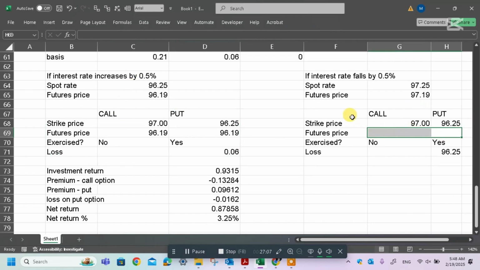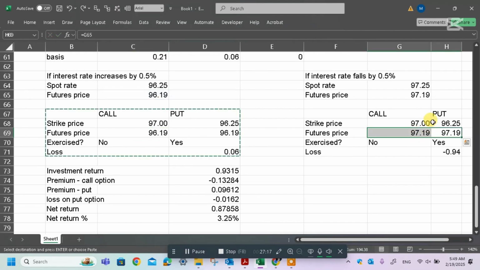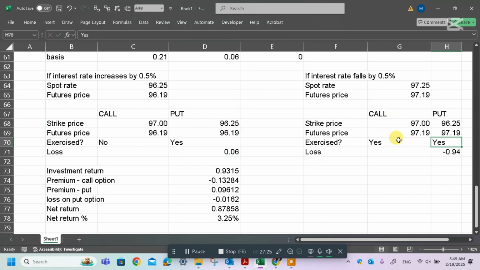Futures price will be, we already had it correctly, 97.19. This figure will come in here. Right. Now call option means initial buy, this is sell, this will be exercised. Here this is sell, this is buy price is higher, that will not be exercised. So you will have a gain.